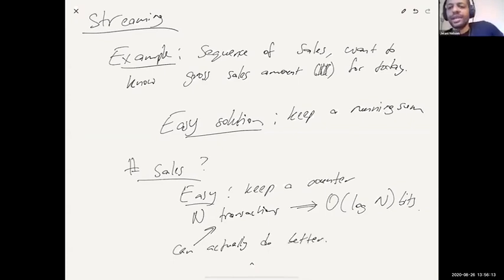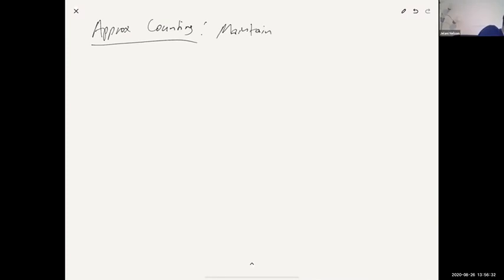If you relax the problem a little bit, which we'll see. So, approximate counting. Basically, we want to maintain a counter n, subject to 3 operations.